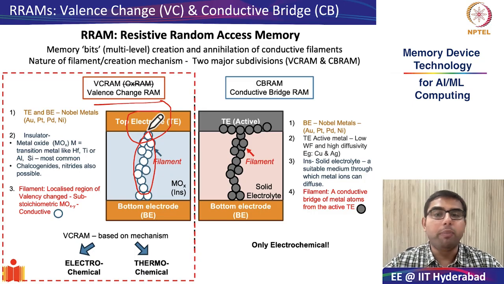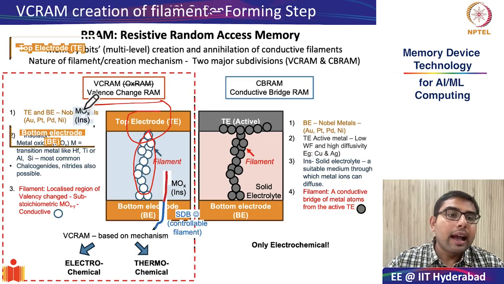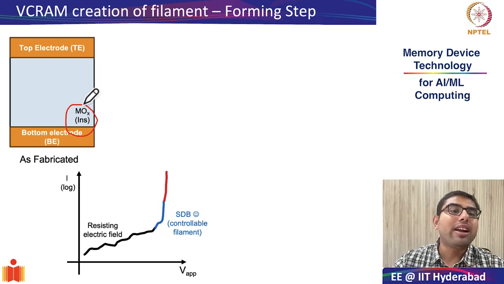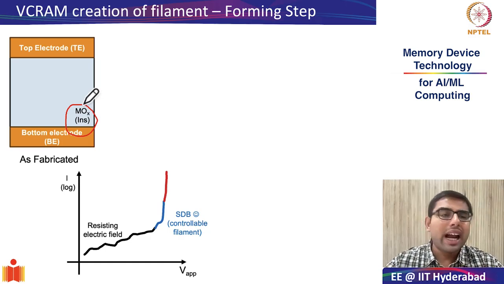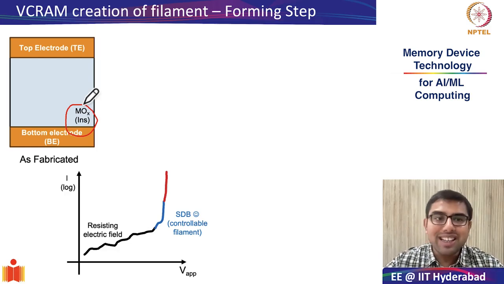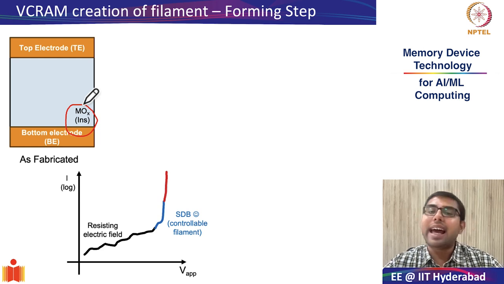Now remember, you have this metal insulator metal structure, and in the prototypical system this consists of a metal oxide. So in a metal oxide, the metal is the cation and the oxygen is the anion.